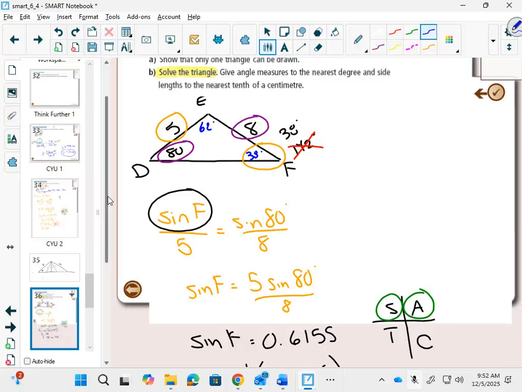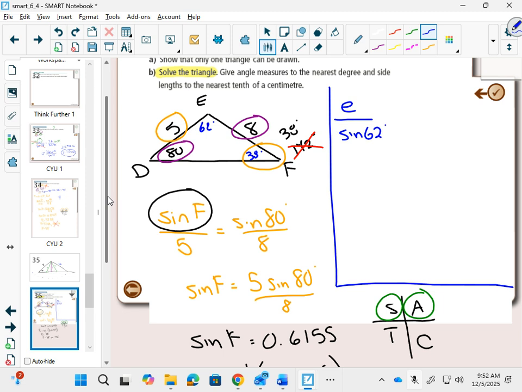How do we find this other side? Sine law. We have the sine law again. I'm going to just do it in this box right here. And I want to find little e, so I would put that on the top. Little e over sine 62. I could either use the orange ones or the purple circled ones. Technically, you should probably use the purple circled ones because they were original.